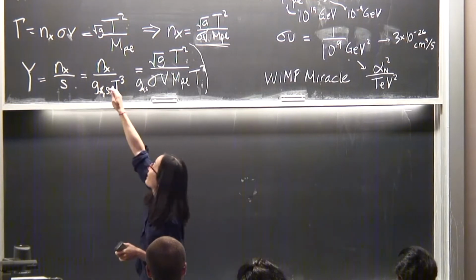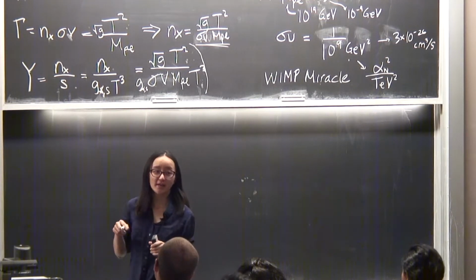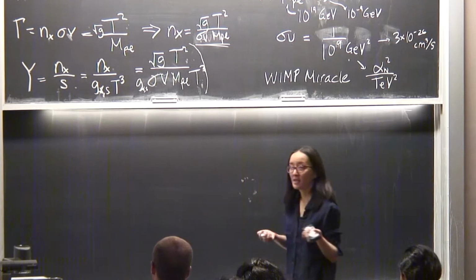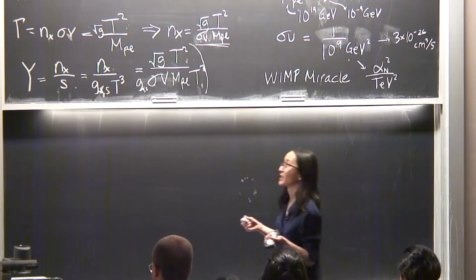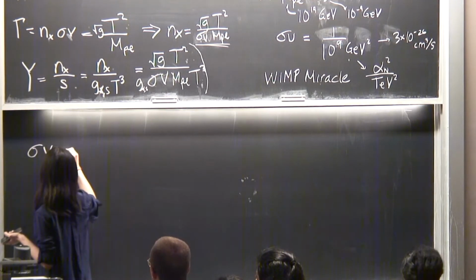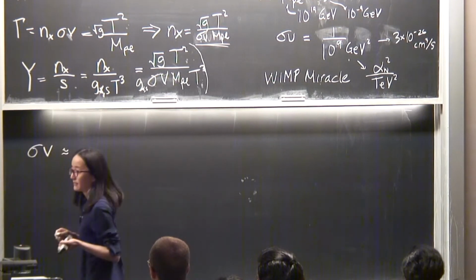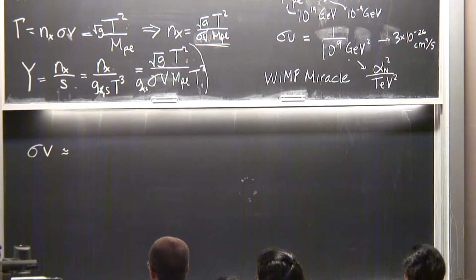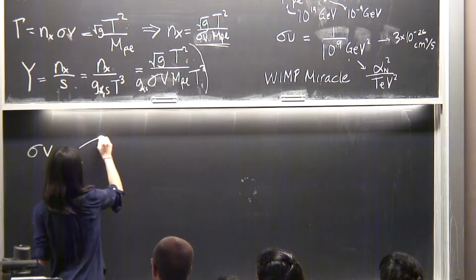So let's take that process up there and be a little bit more specific about the behavior of the cross-section. Again, I will probably drop a couple of order 1 factors. So I have 2 cases.